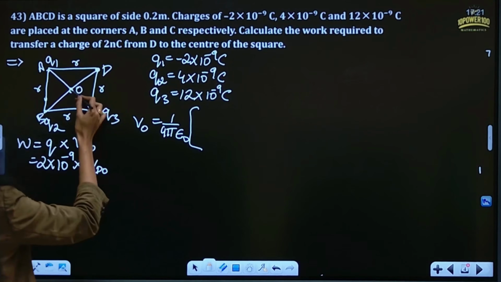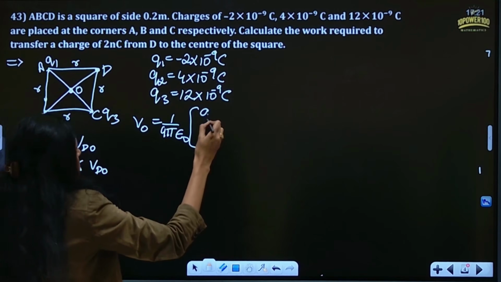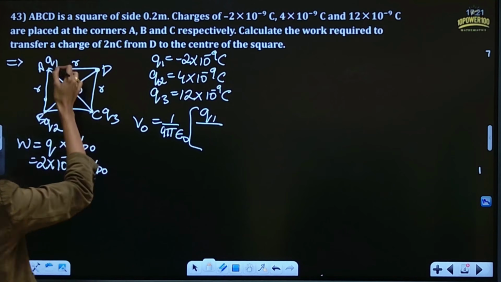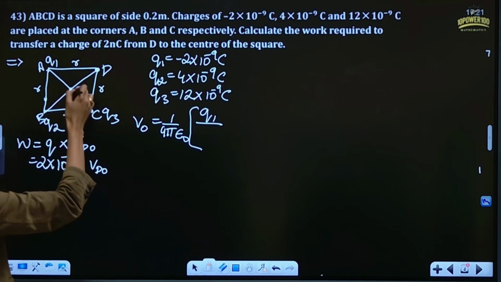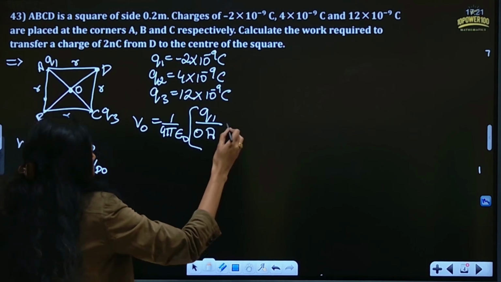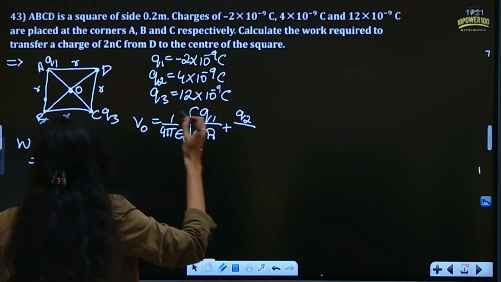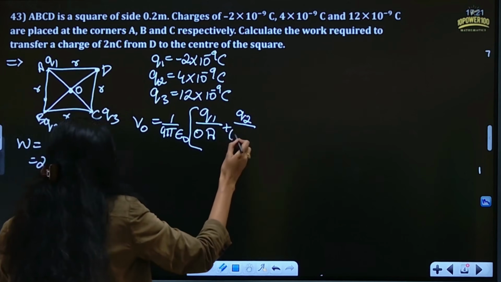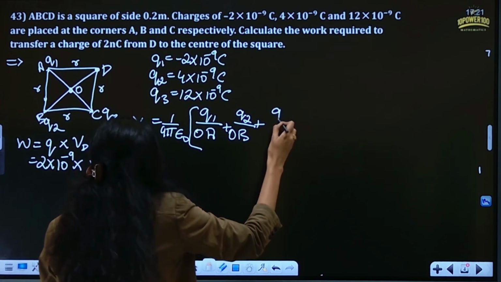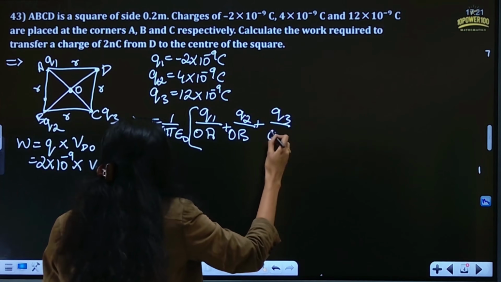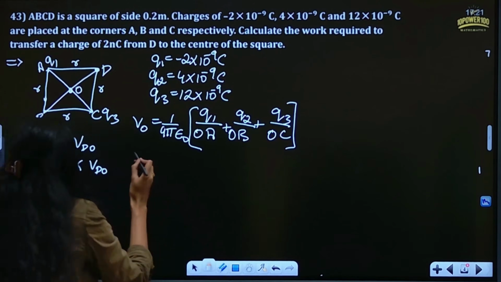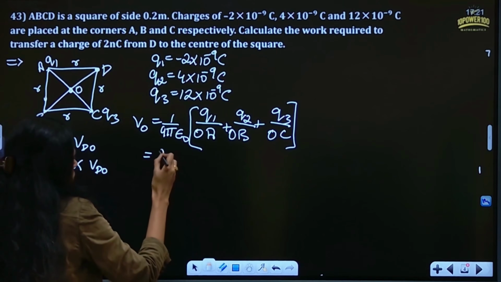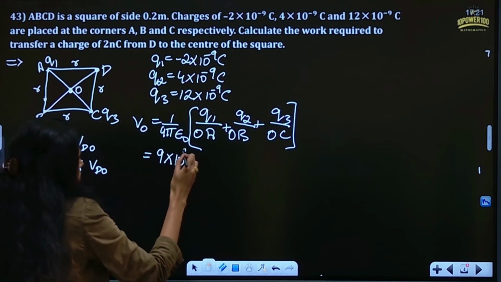So the potential at point O due to A is q1 by OA, because I have placed q1 at A. Similarly q2 by OB, and the next is q3 by OC. The value of 1 by 4 pi epsilon naught is 9 into 10 power 9.